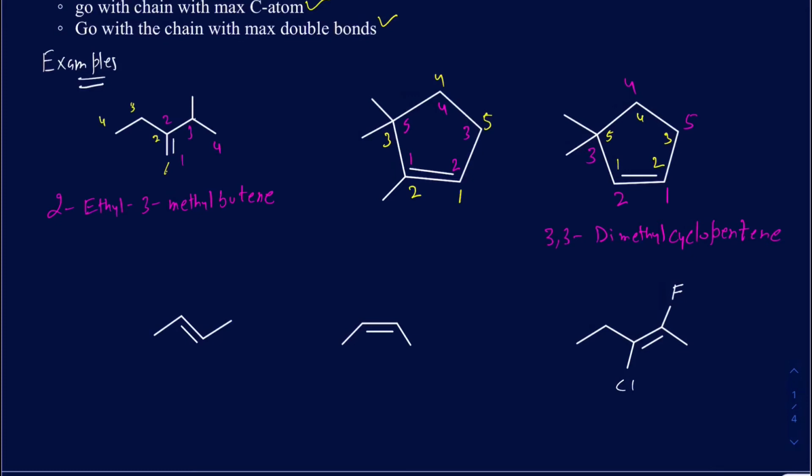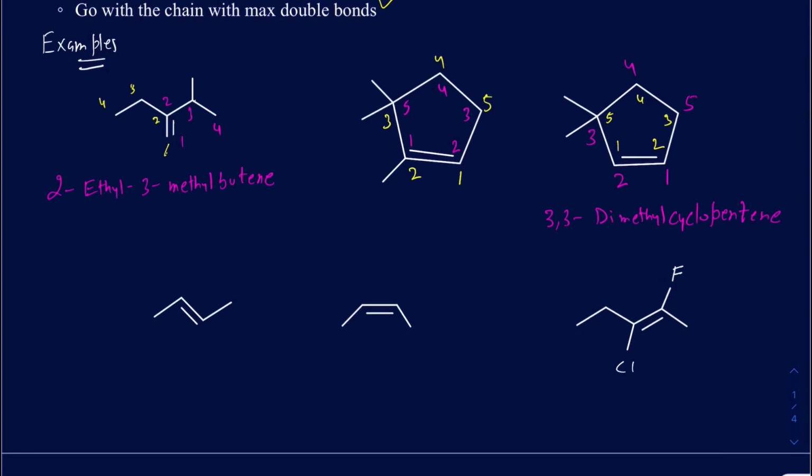So as a result, your pink numbering is going to be a better way or correct way of numbering this cyclopentene. So I got 3 methyl groups, 1 on the first carbon and 2 on the fifth carbon. So it's going to be 1,5,5-trimethyl, and that's going to be cyclopentene.